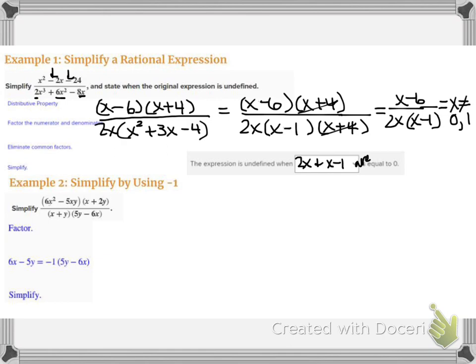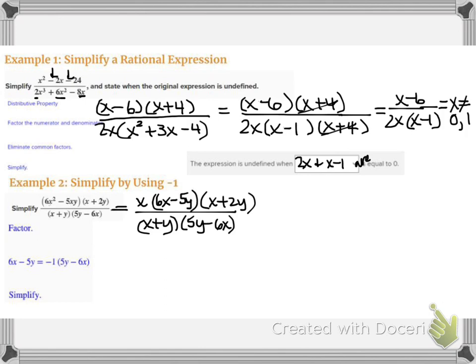In addition to factoring, there is some rewriting skills that you might need to use to simplify a rational expression. In my first term on the numerator, I can divide out an x. So I'm left with 6x minus 5y.